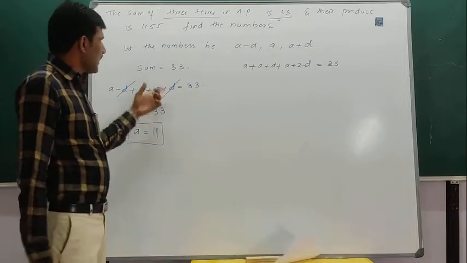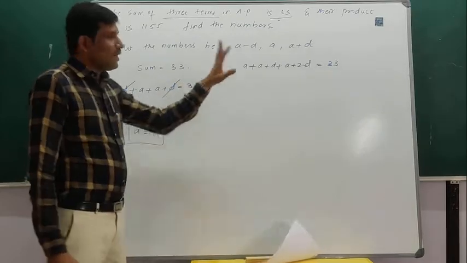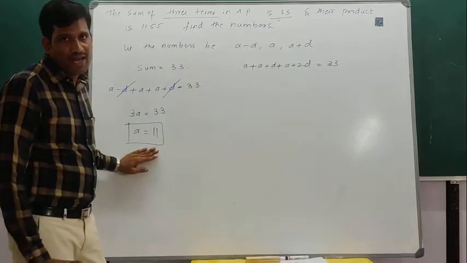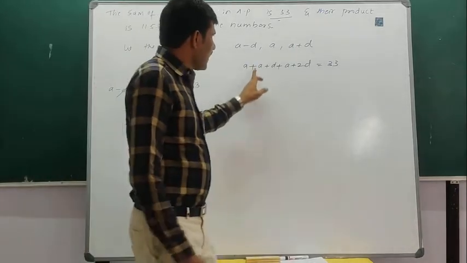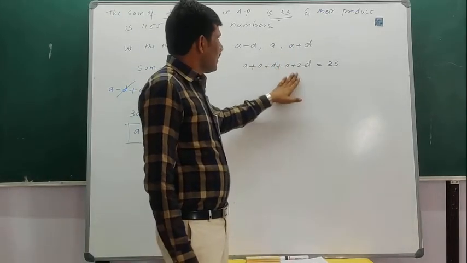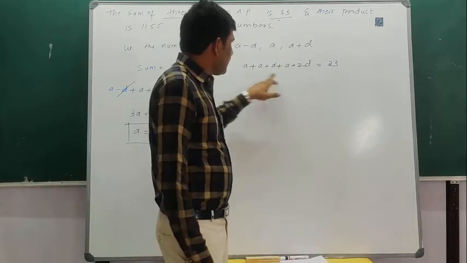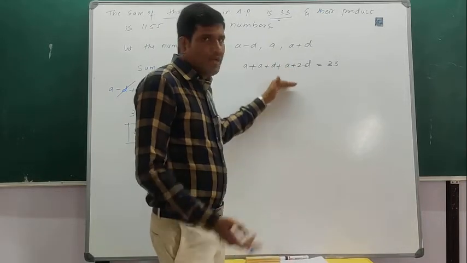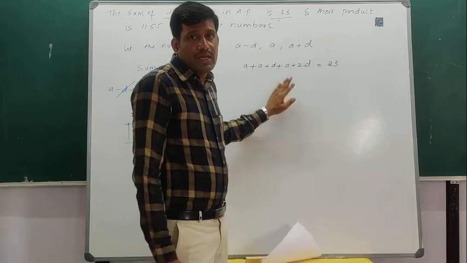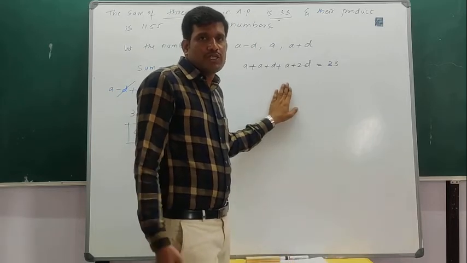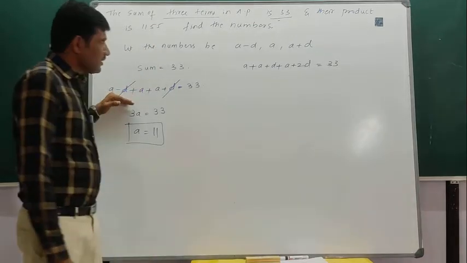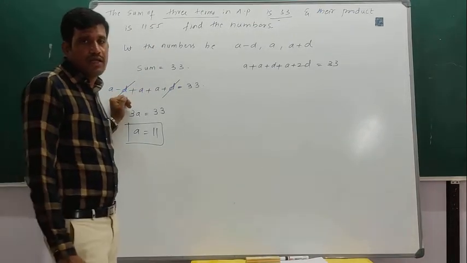If we take the numbers as a minus d, a and a plus d, the d will get cancelled and we get the value of a directly. But if we take the numbers as a, a plus d and a plus 2d, neither a nor d will get cancelled. So the computation is more lengthier or more complex compared to taking the numbers as a minus d, a and a plus d.